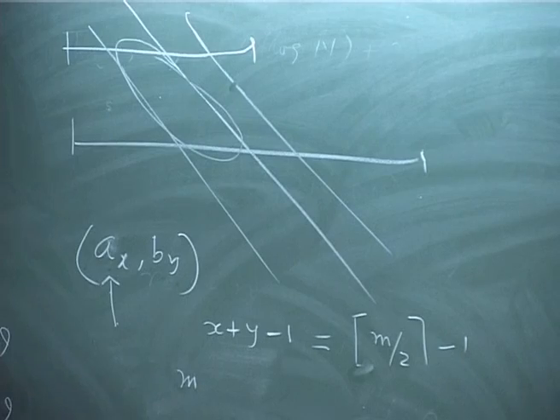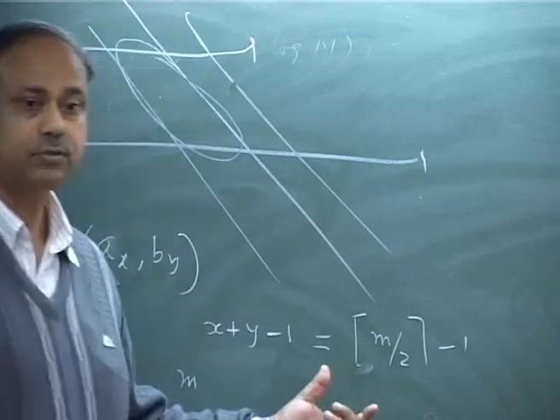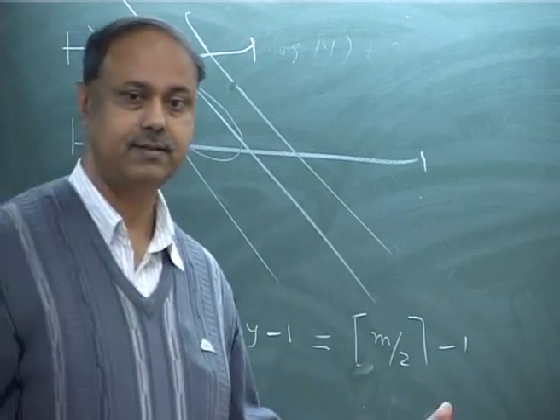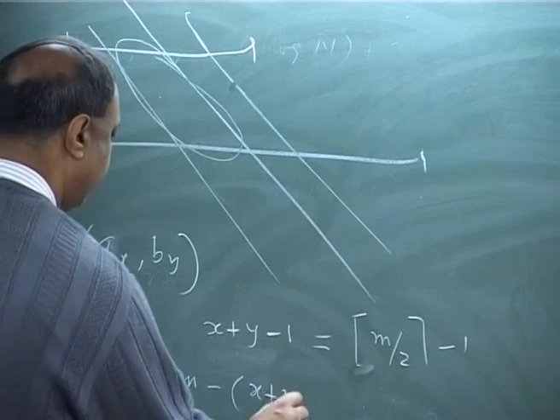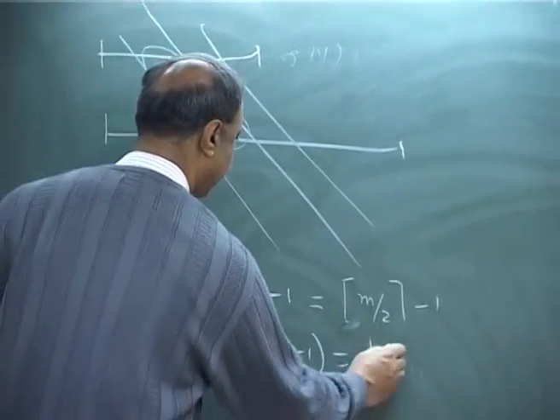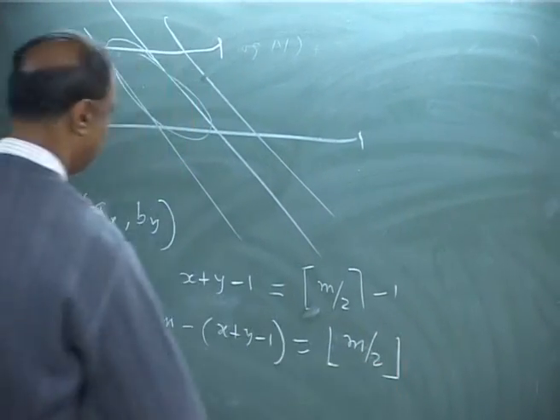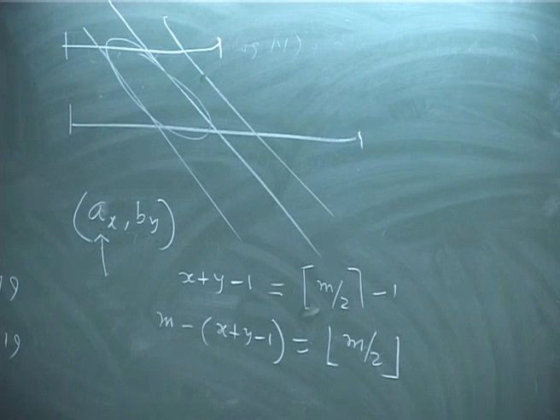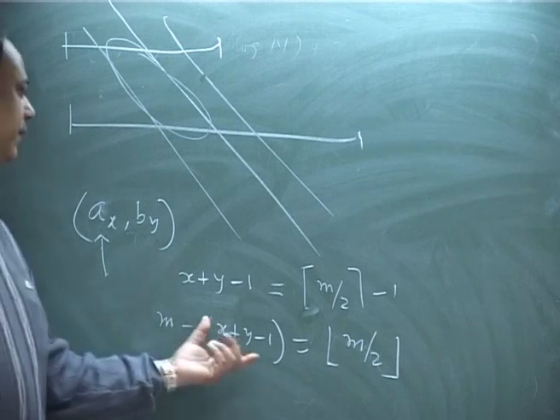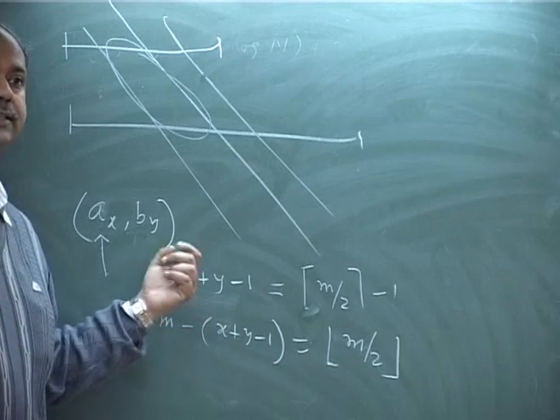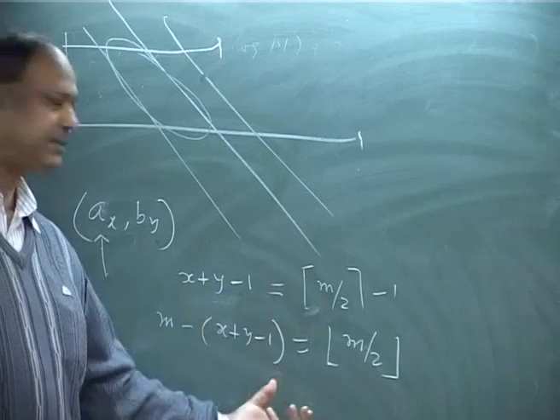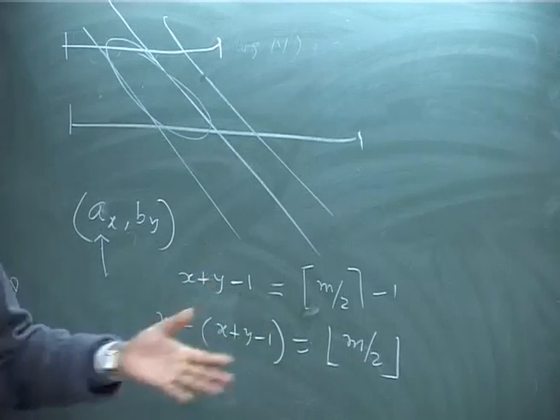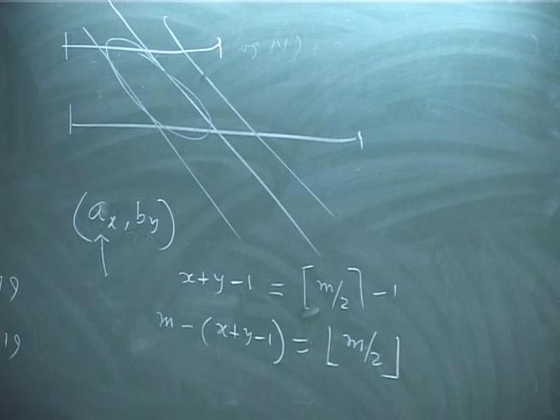What is m? m is the number of elements, R plus S. So m minus x plus y minus 1 is your m by 2. Precisely that many elements from the other side will be larger than this element. Either that many elements are smaller than this, or precisely that many are larger. These are just from the definition. I am not writing anything additional.